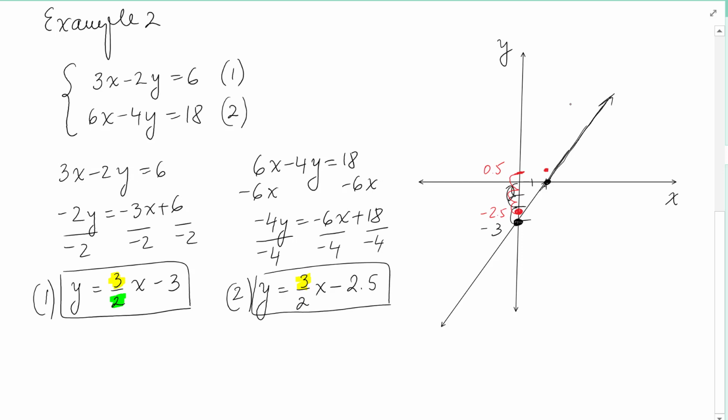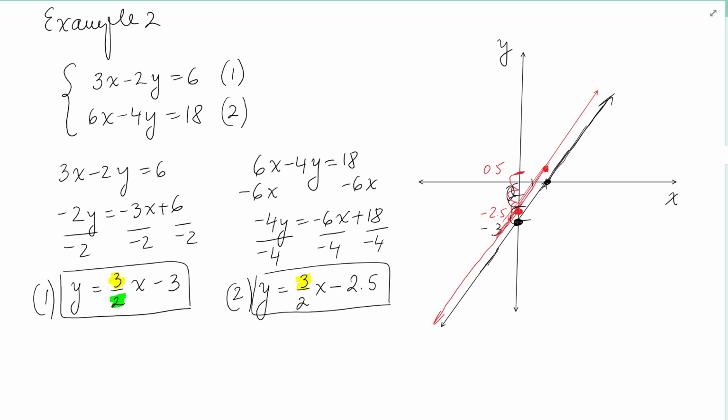So now when we connect the red dots, what do we notice? Not too skilled with the lines. Well, we notice that the black line and the red line are parallel.